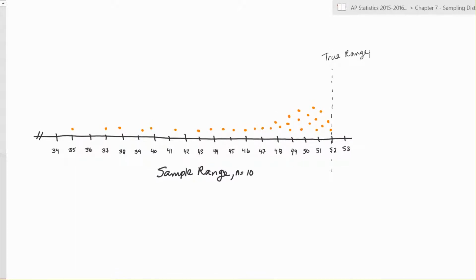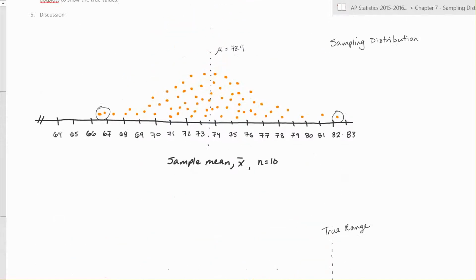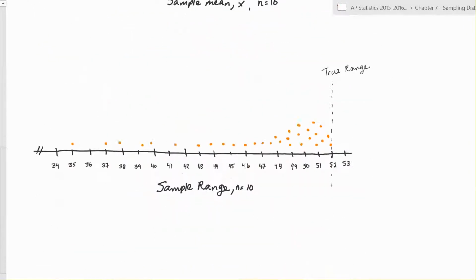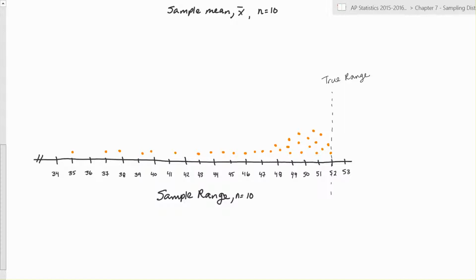And we're going to attach the idea of bias to something called an estimator. And the estimator is the tool that we use to estimate something or make our best guess at something true about the population. Okay? So in our first example, our estimator is the sample mean. That's the tool we're using to try to estimate the true mean. And in the second example, our estimator is the sample range.